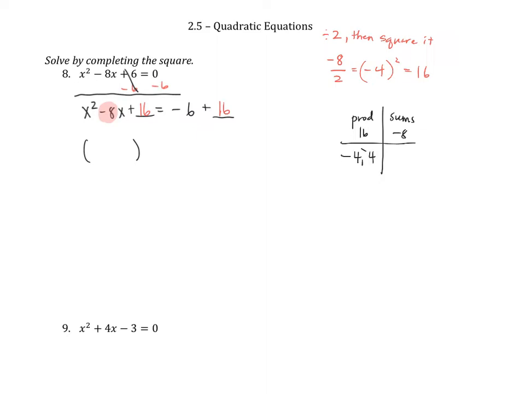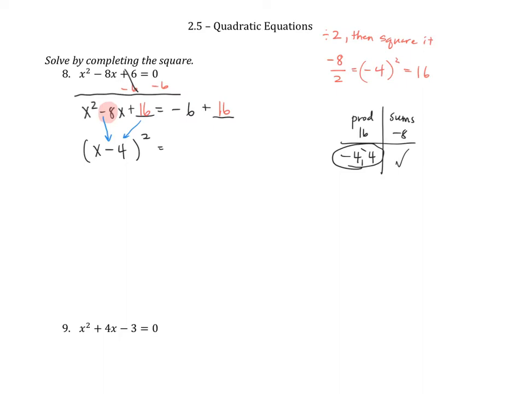So -4 times -4 is positive 16, and then -4 plus -4 is -8. So you have the same factor twice. So this is going to factor into (x minus 4) squared. This sign will always match this sign, and this number will always be the square root of the number from the blank. That's always how it works out when you factor it.